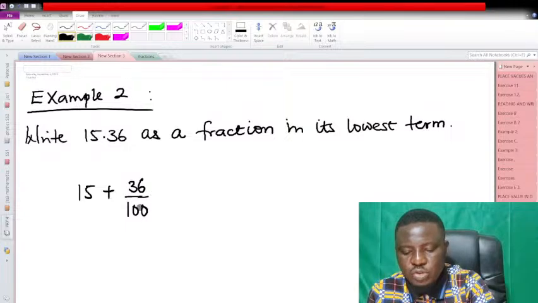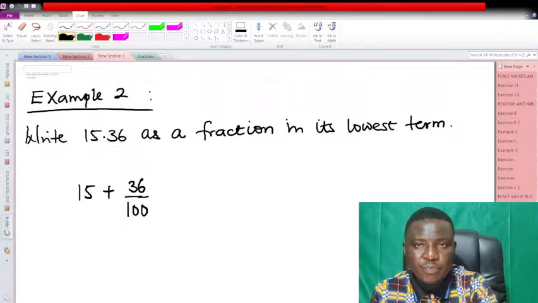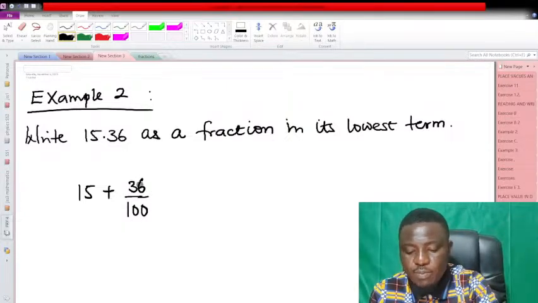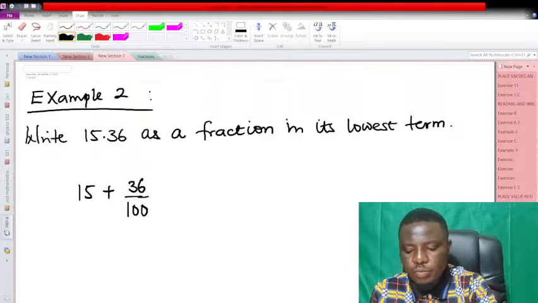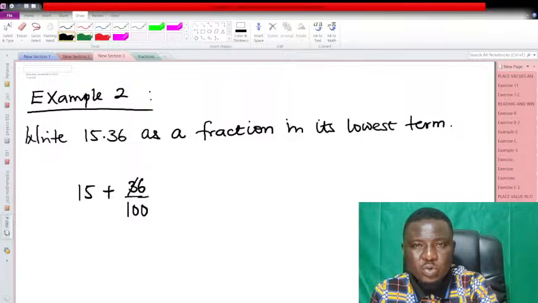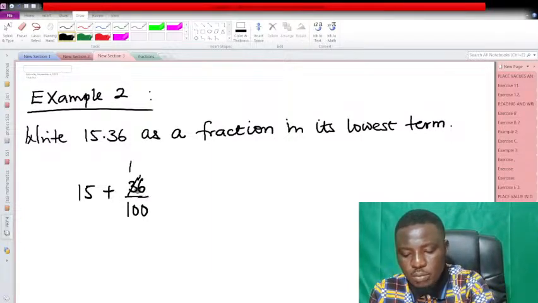Then you look for a common factor that can divide both the numerator and denominator without a remainder. You can start with the least factor, which is 2. For the purpose of those of you watching, we are going to start with 2. So 2 can go into 3 one time, remainder 1.